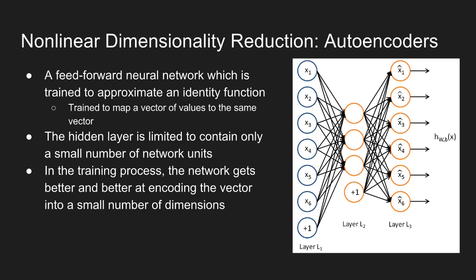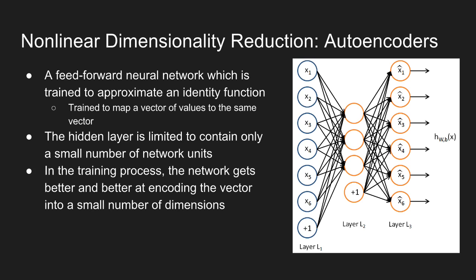So I have a vector as my input, and I have the same vector as my output. In the feed-forward step, I have a much smaller number of hidden units. Then for my output, I want to expand the small number of hidden units back to the original dimension of the vector. That's the idea behind an autoencoder.